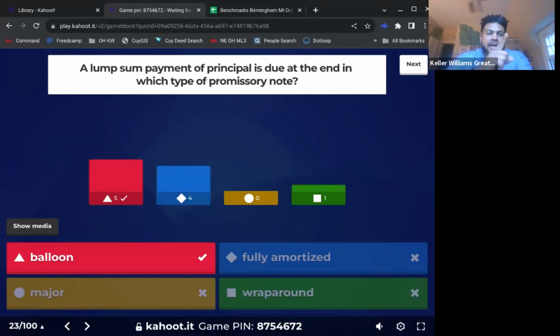It means that it's amortized over the life. Each payment, if paid, pays the entire principal and interest down, and the last payment completes all payments. So it's just a steady payment of the whole thing, which means that the loan is fully amortized. Balloon means that you make payments, and it's usually a lower payment, and then at the end you pay the balance, and so that's why it's a lump sum payment at the end.